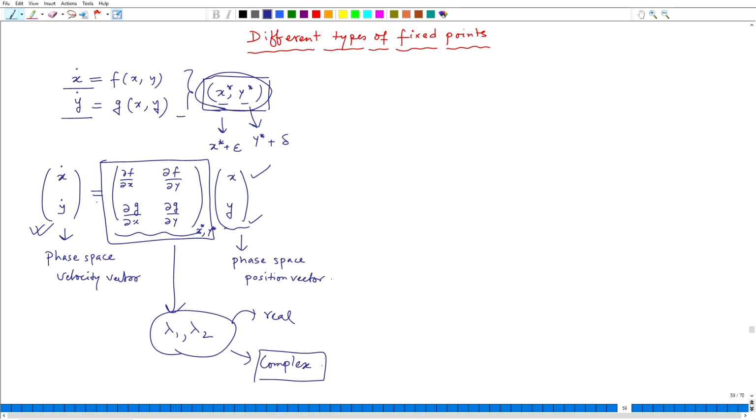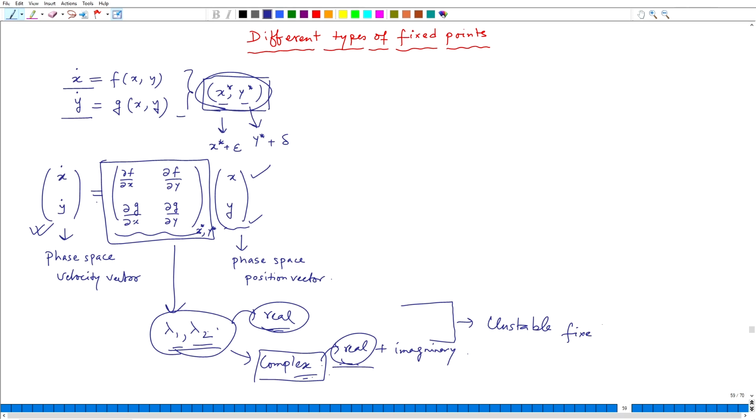Now, if they have a real part and an imaginary part, and for the two eigenvalues at least one complex eigenvalue has a positive real part, or for real values any one of those two has a positive value, then we will be led into a case of unstable fixed points.